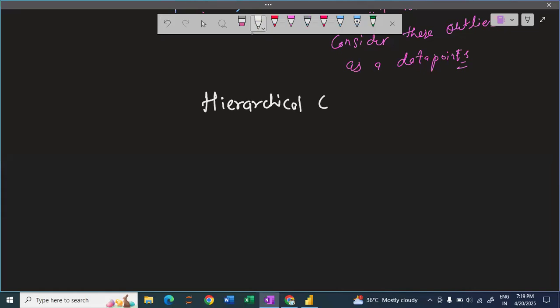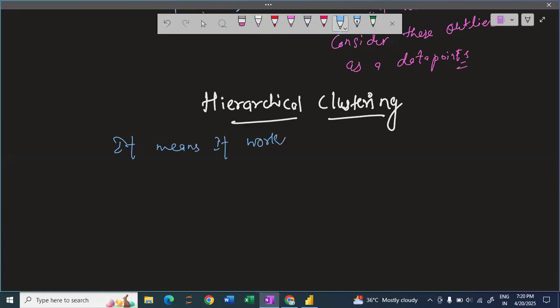Hierarchical clustering works on the principle of hierarchy, or you can say a tree-like structure.